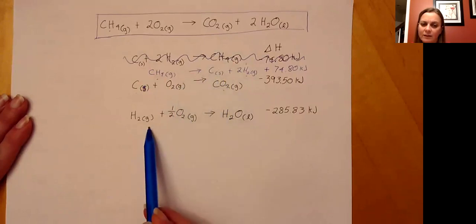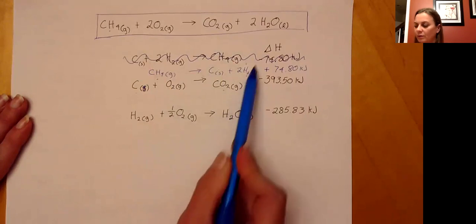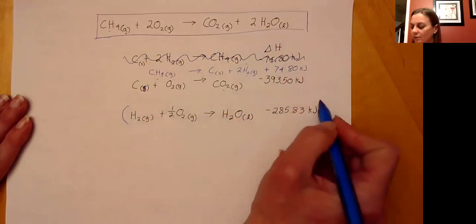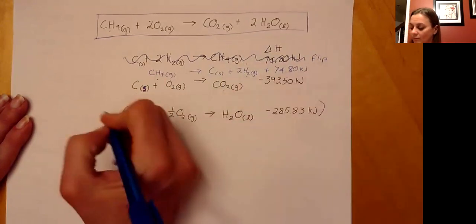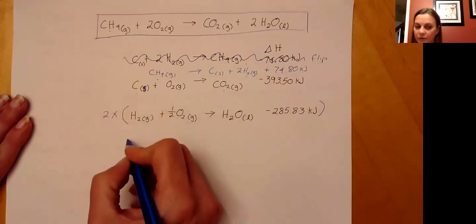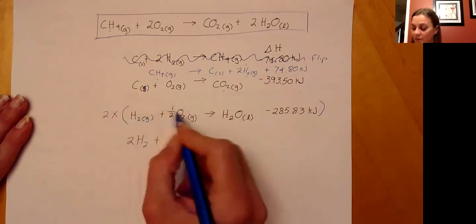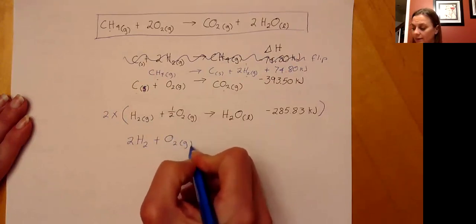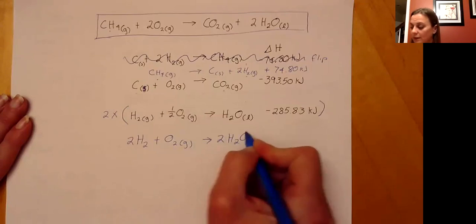Now I take a look at this one and I see that I have water as a product, but I only have 1 water molecule and I need 2. So I'm going to multiply this whole reaction by 2. And I'm going to have 2 hydrogen plus 2 times a half is 1 oxygen forms 2 waters.